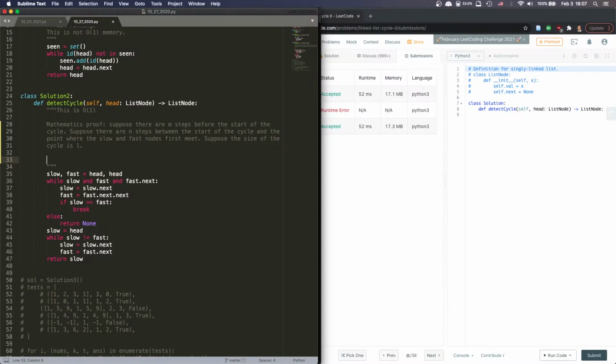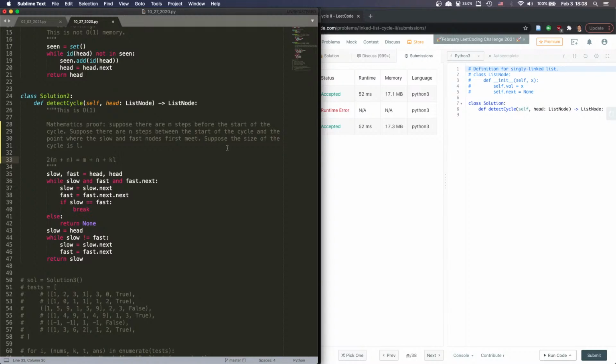So what we have is 2 times (m plus n), that's the amount that the fast has gone, equals m plus n plus KL, right?